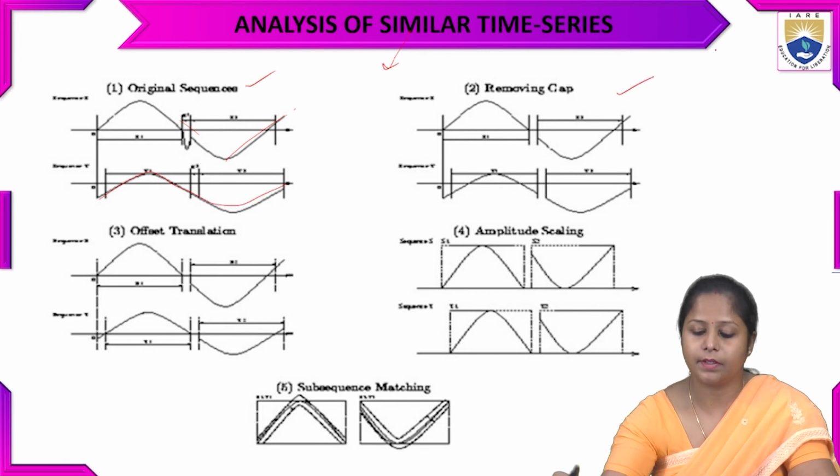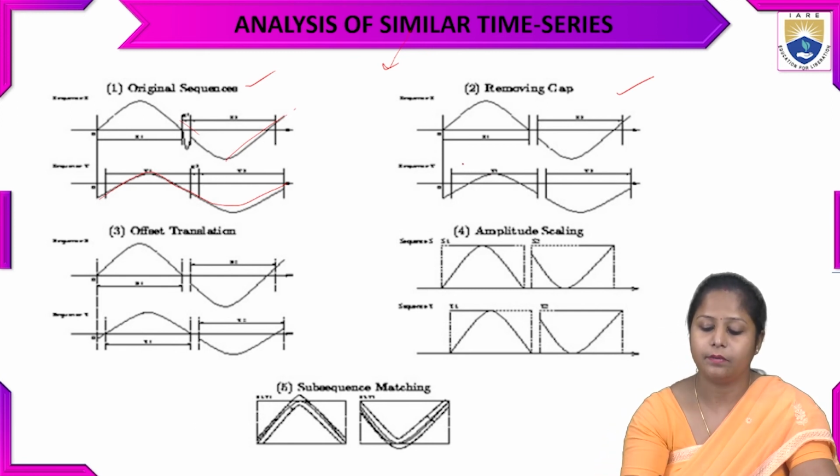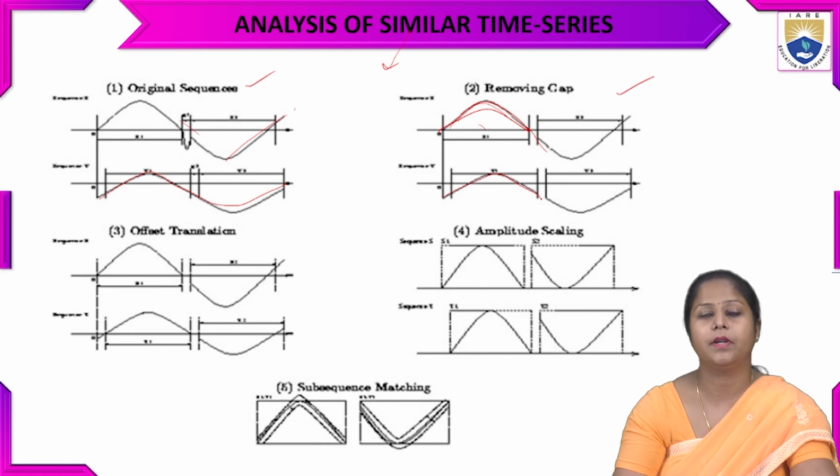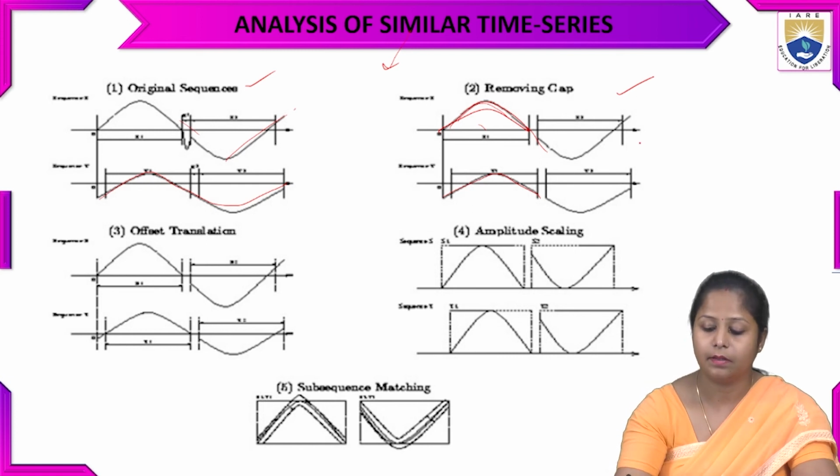In the second example, we are removing the gap. The trend is there, but we need to remove this gap, so we start from here. After applying some methods, we get this time series trend.